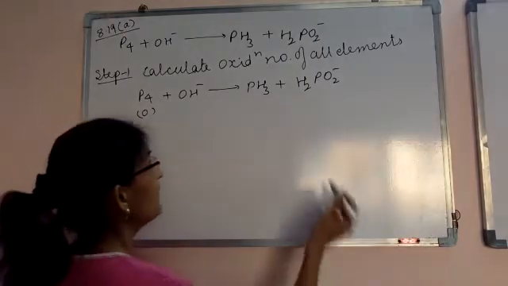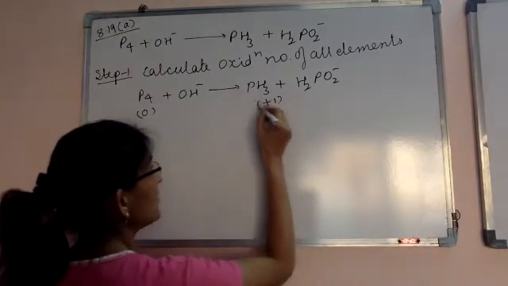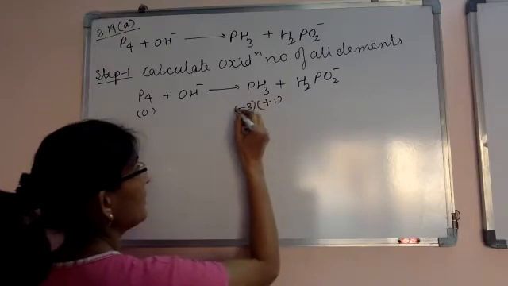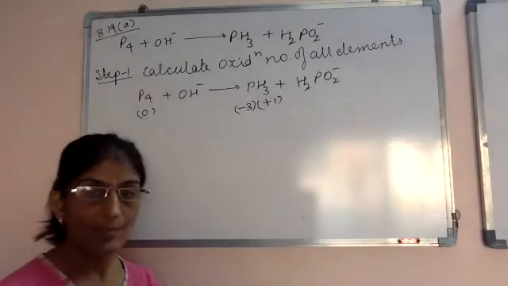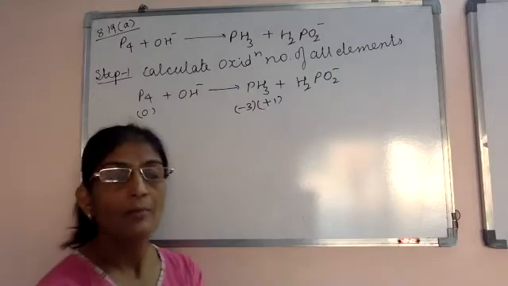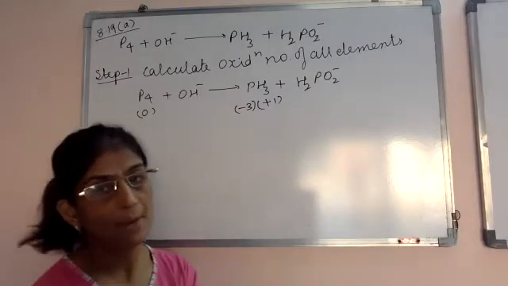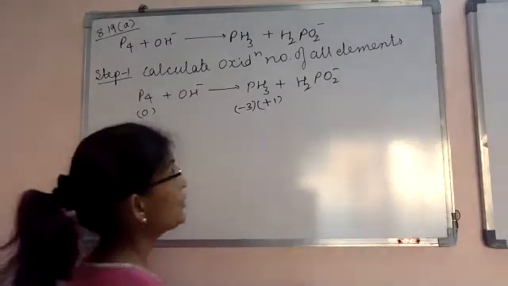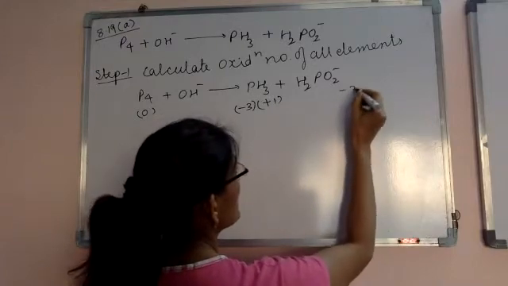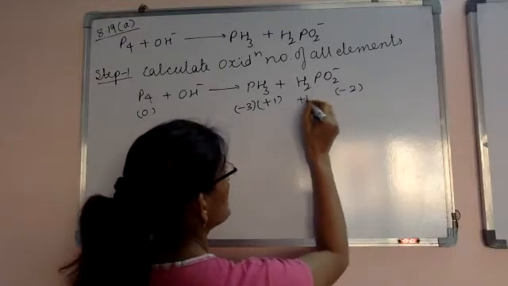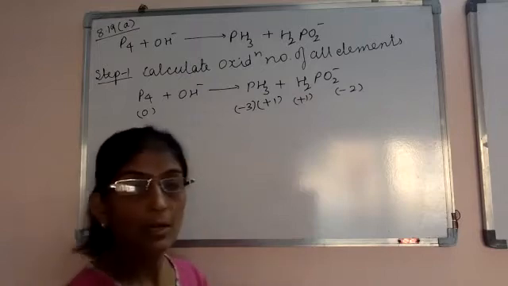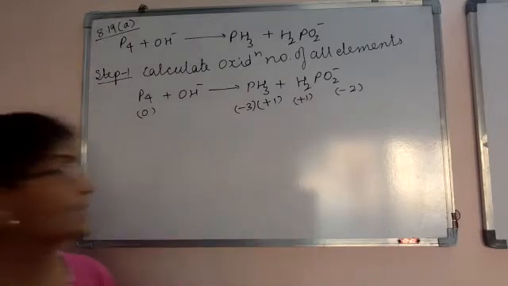In PH3, if we find out, hydrogen has +1, phosphorus will be -3. If you place hydrogen +1, what is the oxidation state of phosphorus? -3. In H2PO2 minus, we know oxygen is -2, hydrogen is +1. Now we can find out for phosphorus.